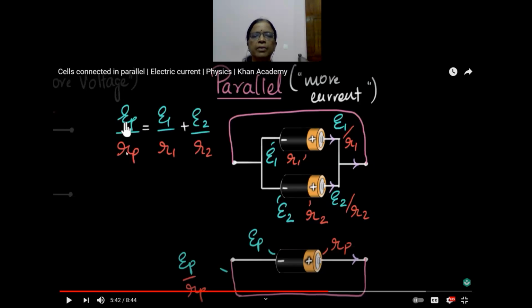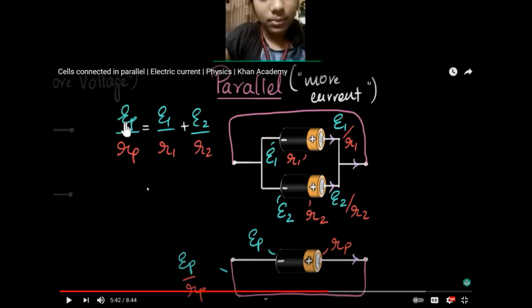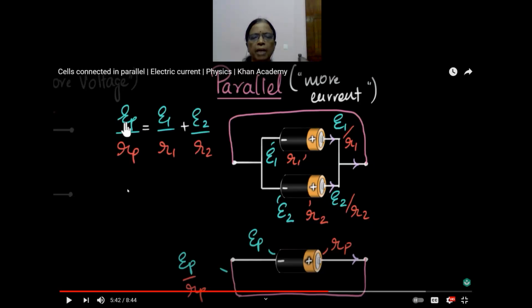RP, how will you find it, children, when two cells are connected in parallel? 1 by RP equal to? Lakshmi Priya, 1 by RP equal to? 1 by R1 plus 1 by R2, or RP equal to R1 R2 by R1 plus R2. By that method you can calculate RP.